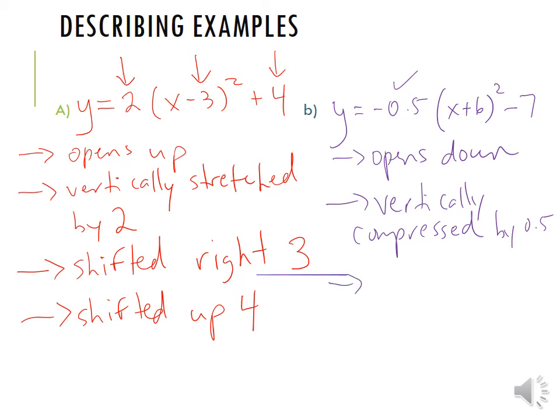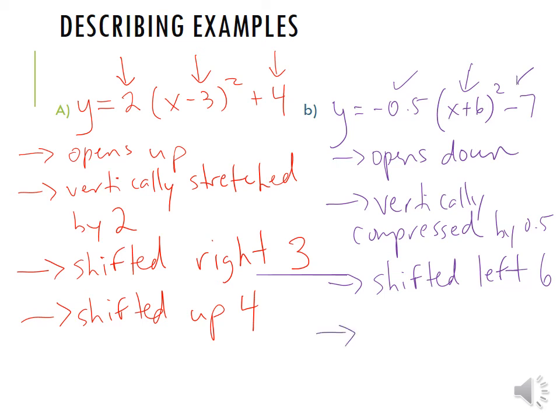The next thing we encounter is the h value. And again, it's kind of opposite to what you think. So if it appears positive, it shifts left. So shifted left 6. And then the last thing is the k value.